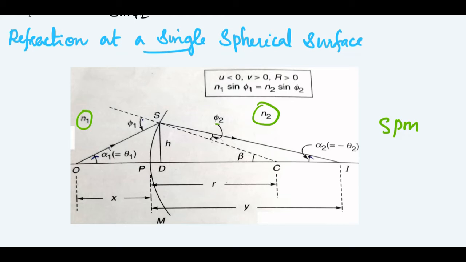Here, C represents the center of curvature of the spherical surface. And we will consider a point object O emitting rays in all directions. We will use Snell's law of refraction to determine the image of the point O.